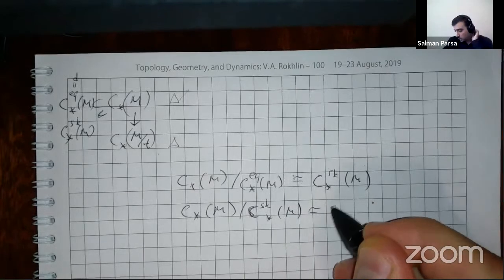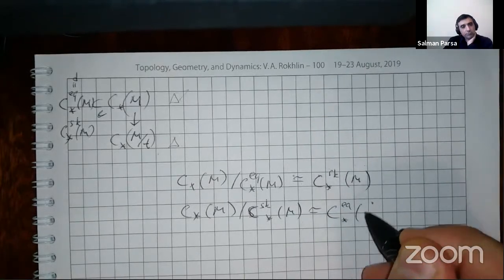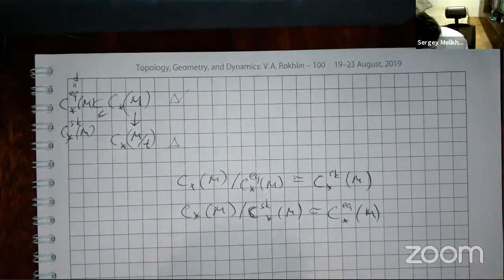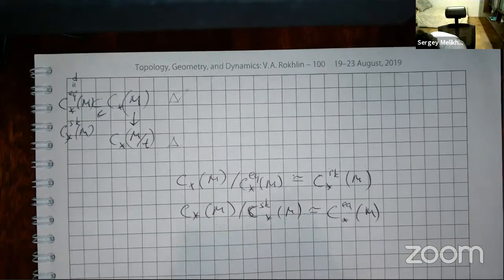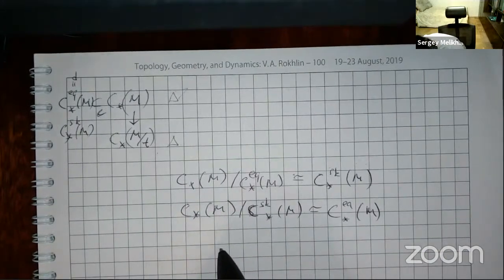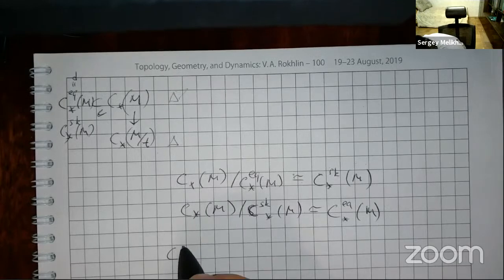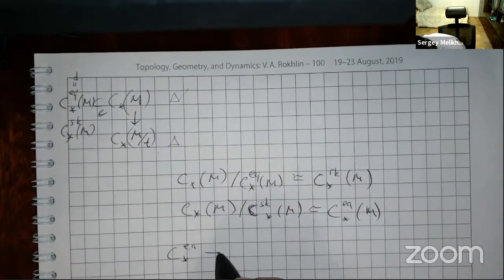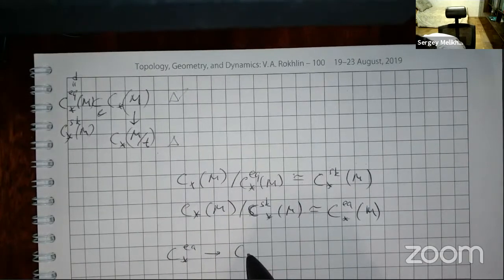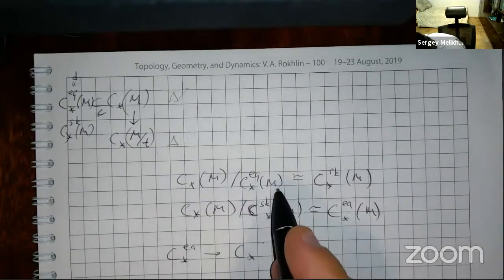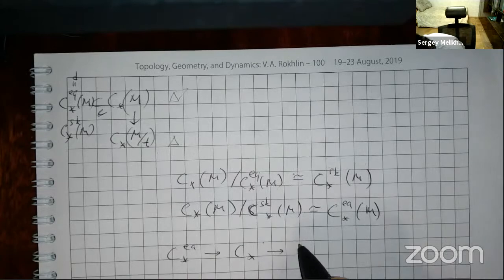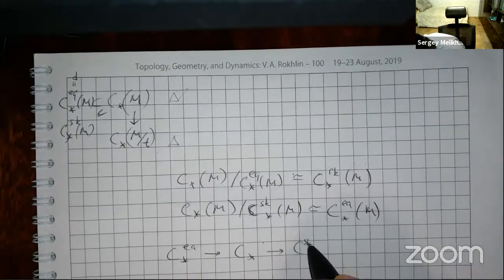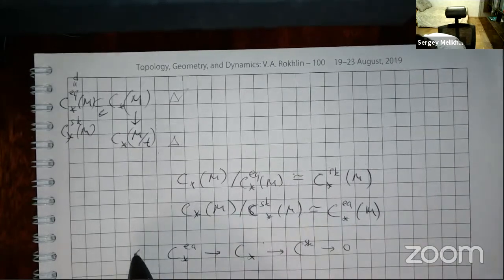So there are short exact sequences of chain complexes. The equivariant chains go into all chains of the double cover, and then into skew equivariant chains, and then zero.